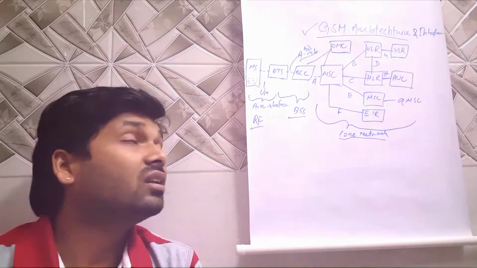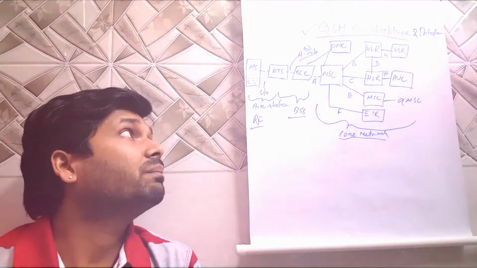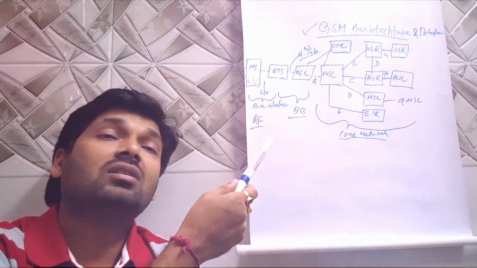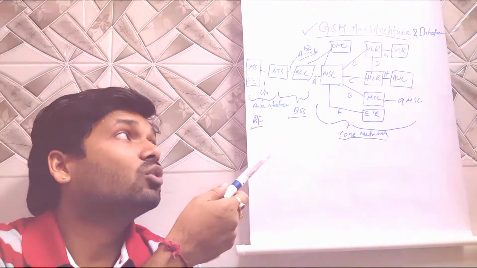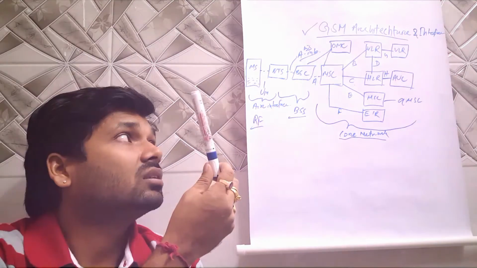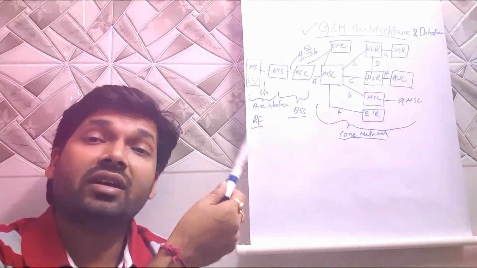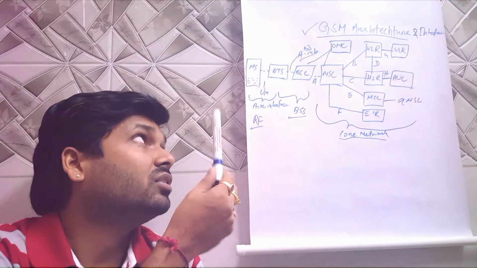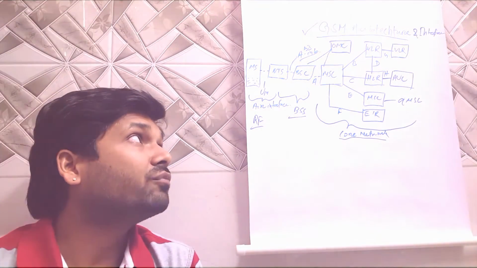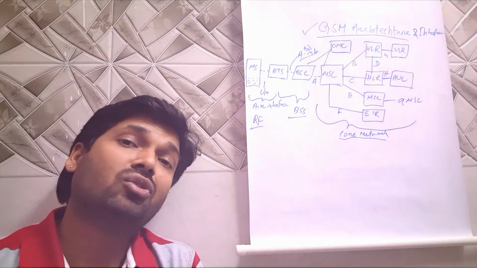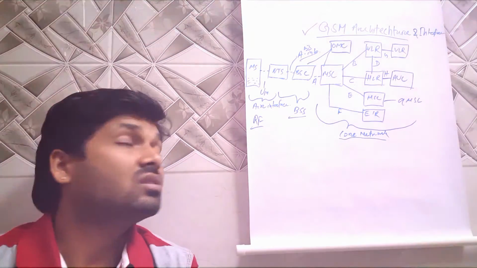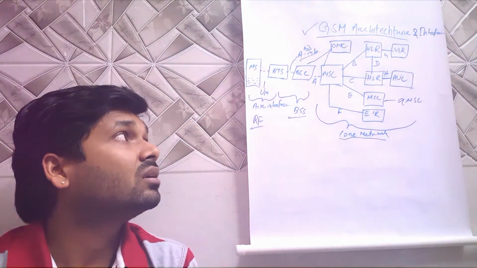Again, the MSC is integrated with many network elements like we discussed: the VLR, visitor location register, the HLR, home location register, the authentication center, the EIR or equipment identity register, and the other MSC and other VLR. Apart from this, we have the OMC, or the operation and maintenance center, which connects to the BSC and MSC.